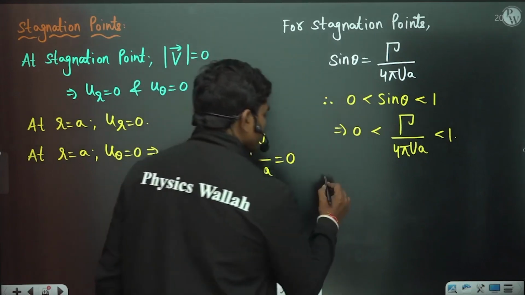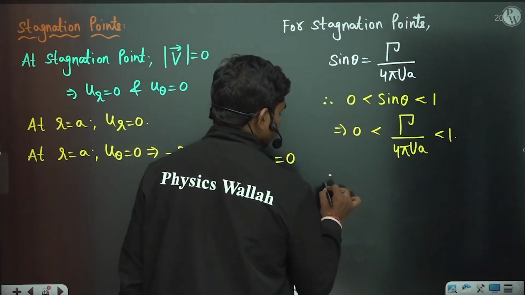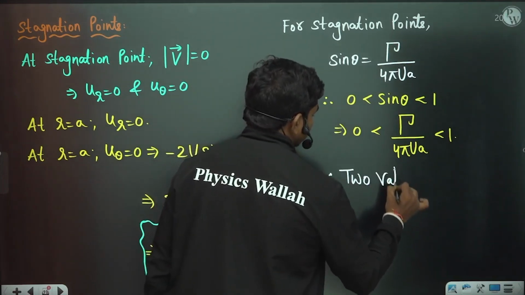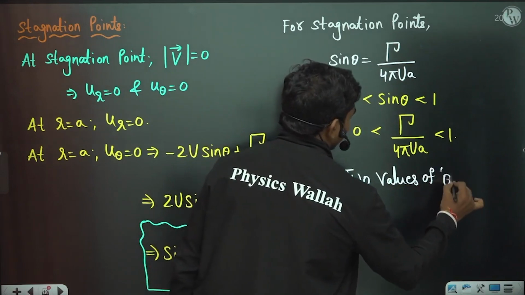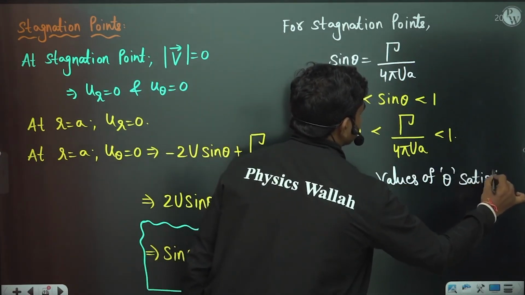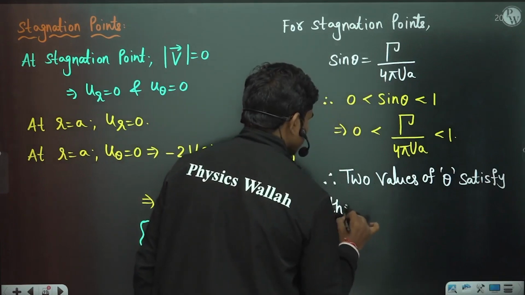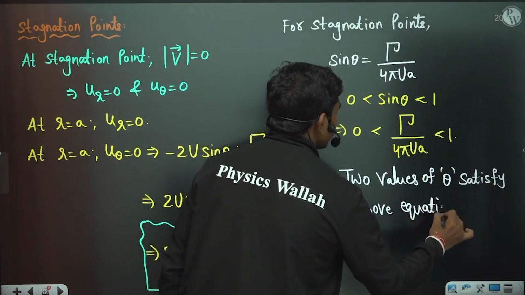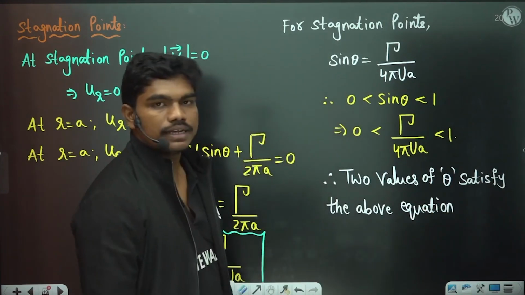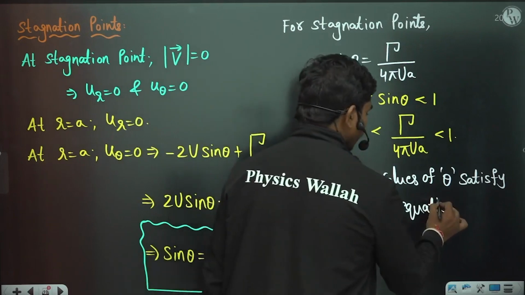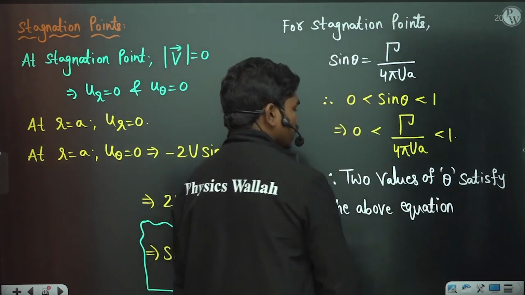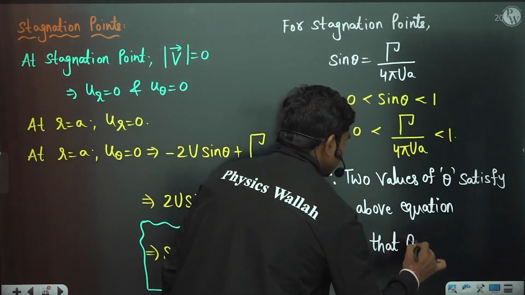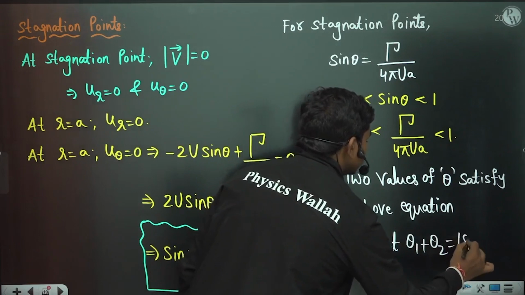So two values of theta satisfy the above equation, such that theta 1 plus theta 2 is equal to 180 degrees, yes or no?